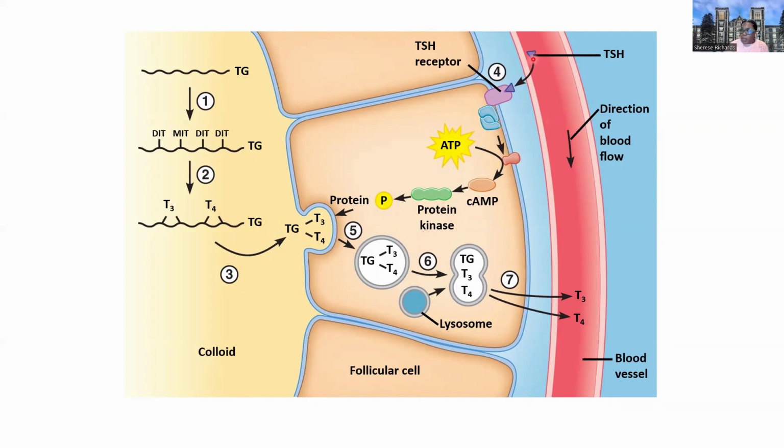TSH comes from the anterior pituitary, circulates in the bloodstream, binds to TSH receptors here on the thyroid follicle, these follicular cells, and then stimulates through a second messenger pathway the uptake of these vesicles with T3, T4, transport to the cell, and helps them to be released into the bloodstream. So I just want to point out how TSH, being a trophic hormone, is extremely important in terms of the uptake and release of thyroid hormone.